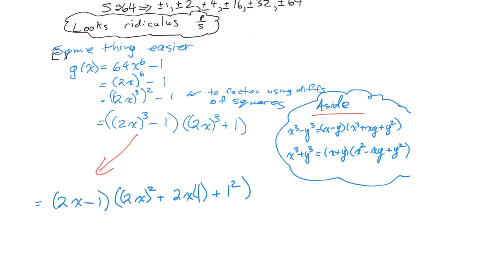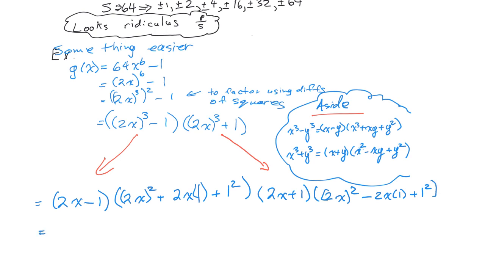And then for the second half of our problem, for this part here, we're going to get the following: 2x plus 1 times 2x all squared, minus 2x times 1, plus 1 squared.